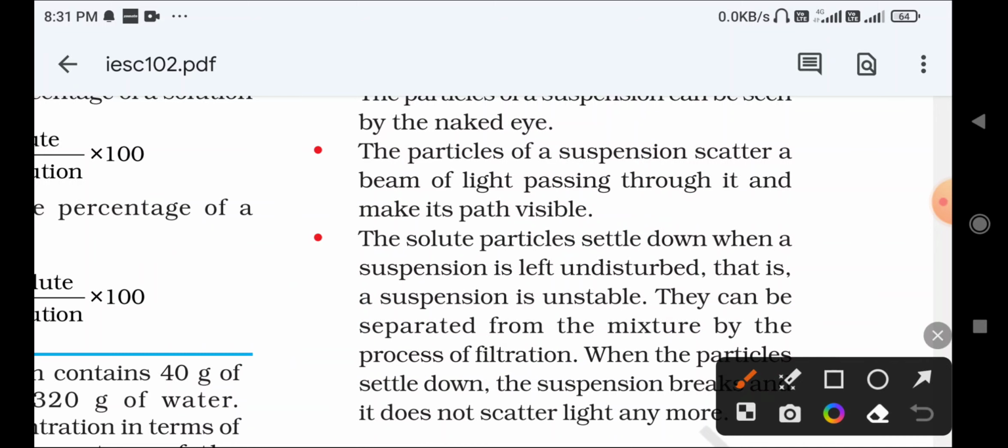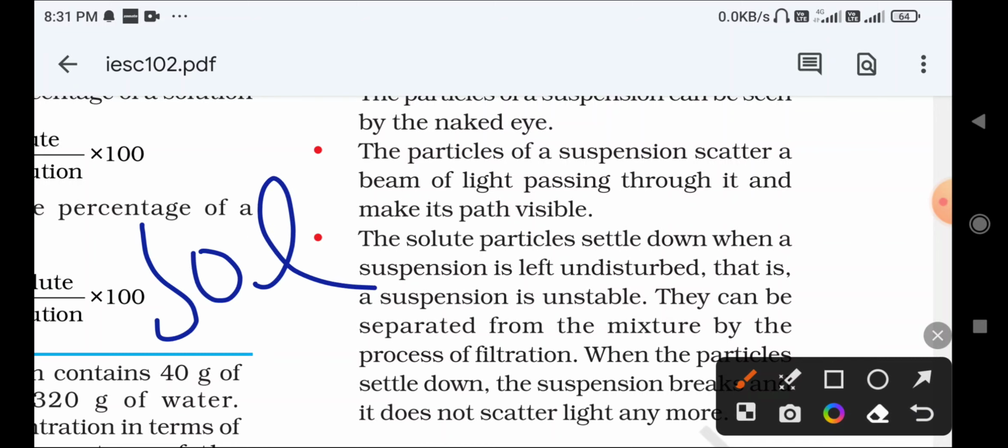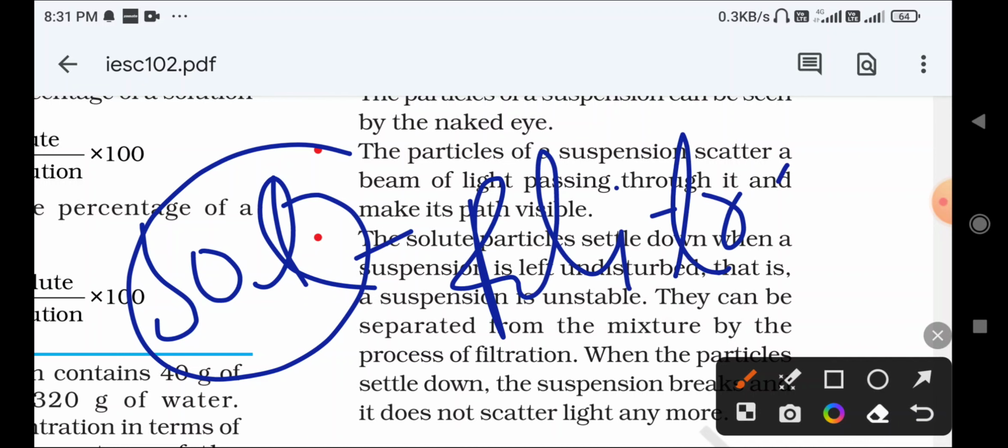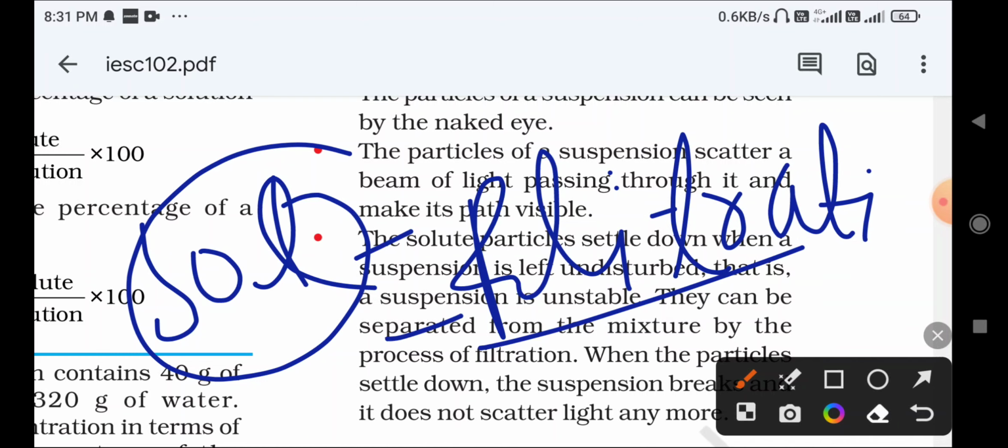So which method is used for the separation of a suspension? That is the filtration method. Remember, there is only one method, the filtration method.